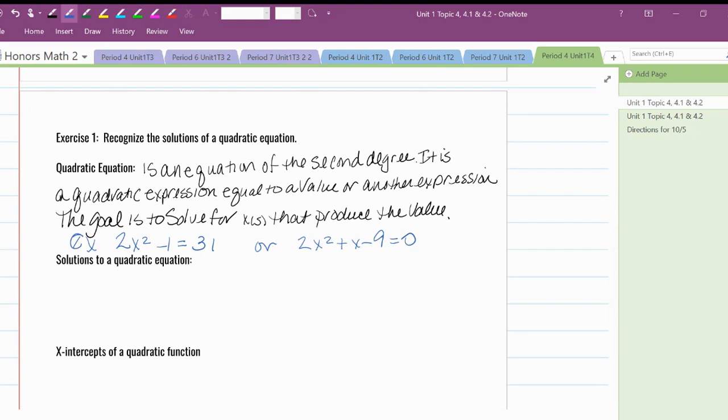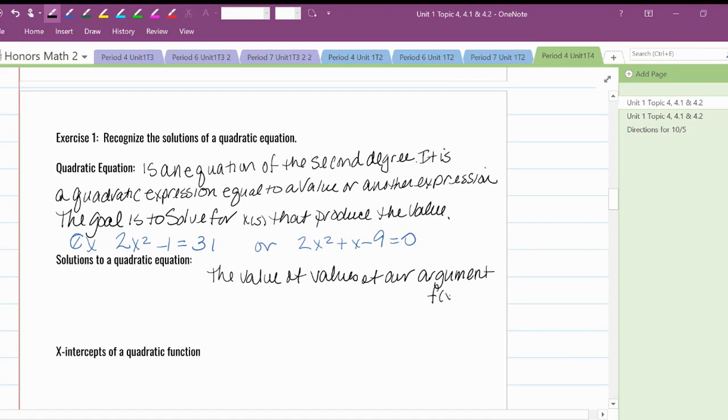Okay, some more vocabulary. So we talked about solving equations. So our solutions are going to be the value or values of our argument.